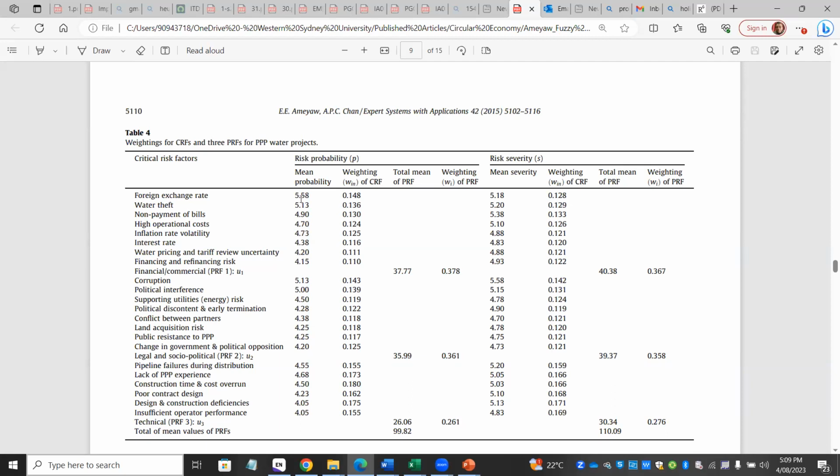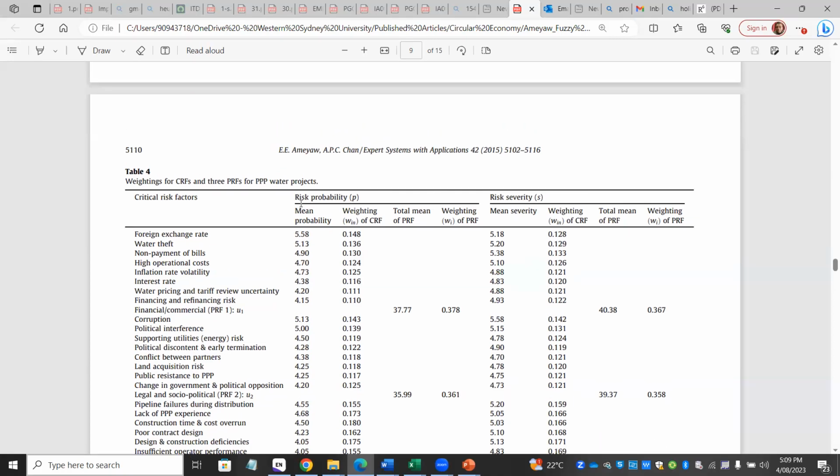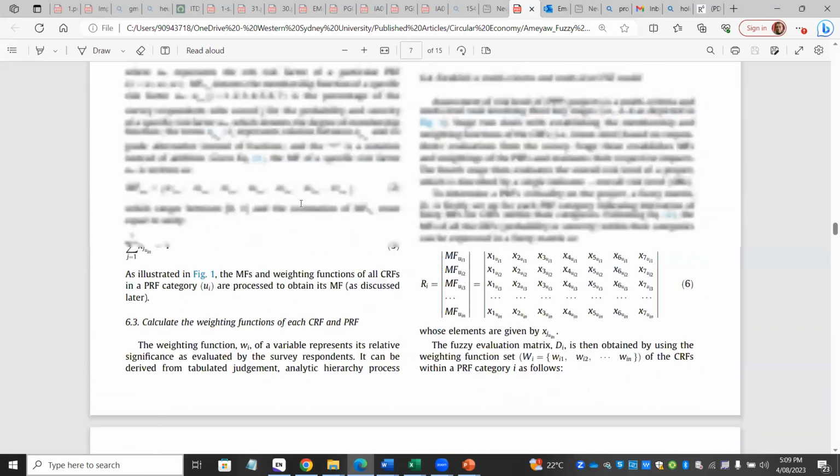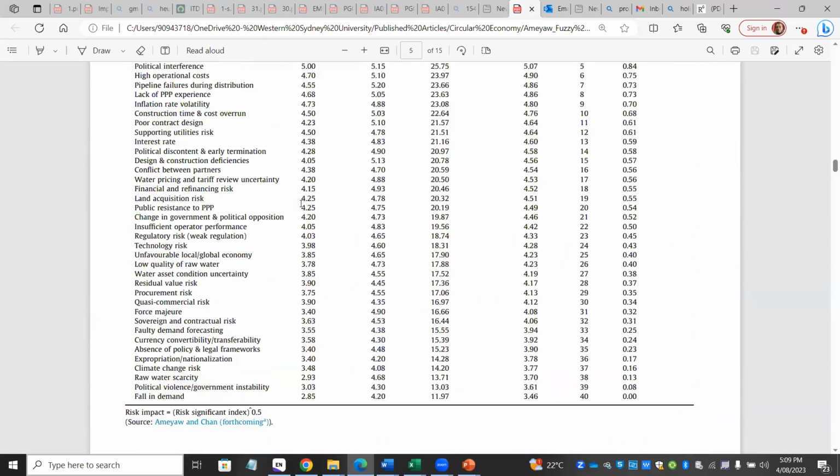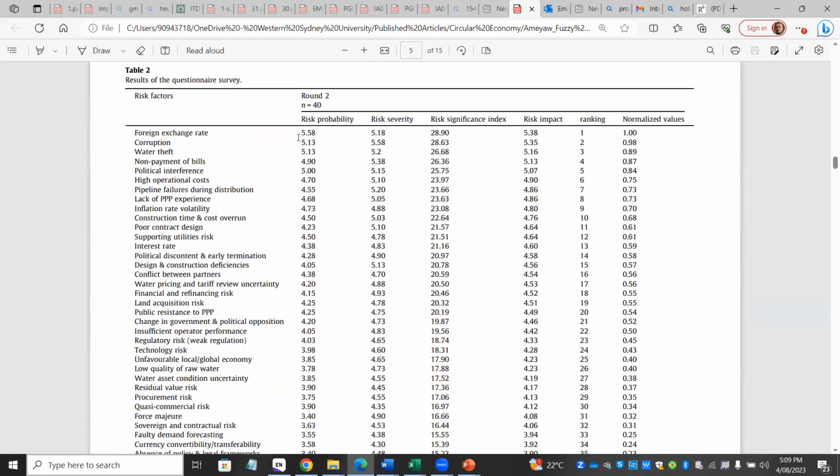Okay. The risk factors were computed based on probability of occurrence and severity of the consequences. So we are doing this for each of them. You go back to table 2, where we have the mean values.